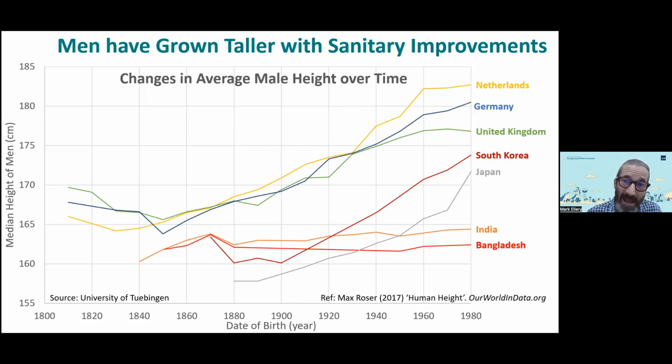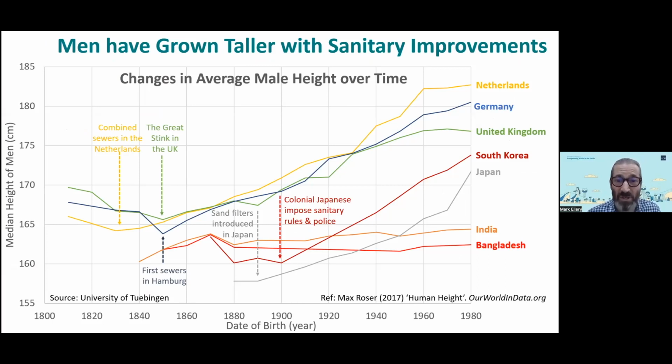While children may be shorter, what we do see is that over time, this change is reflected in the height of adults. And so the Dutch were not always the tallest people in the world. Back in the 1800s, the Germans and the British were actually significantly taller than the Dutch.